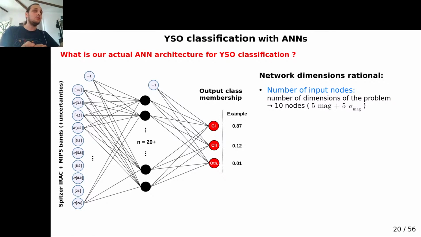Since we want to reproduce the Gutermus classification that uses conditions based on uncertainties, we have to use them as input features. So it's just due to our choice of labeling methodology. If we switch the label methodology, we can get rid of those uncertainties, or we can add them in a much more appropriate way.